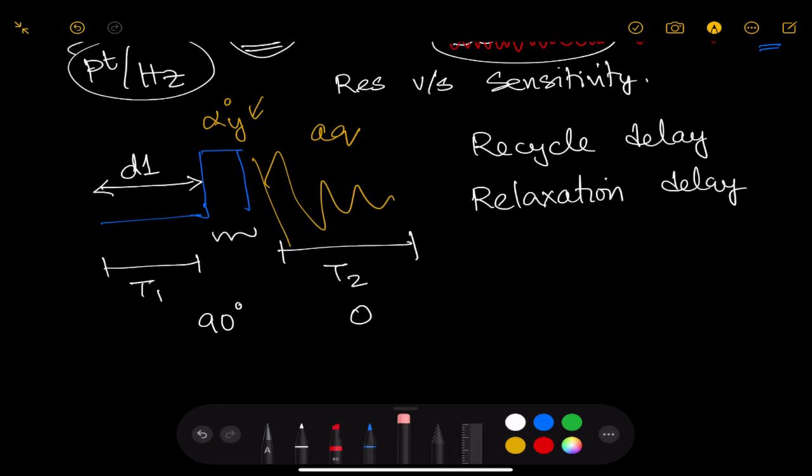The time taken for the magnetization to recover back to the longitudinal axis to about 99% is given by 5 times T1. I urge you to solve the Bloch equation to understand what's going on here.